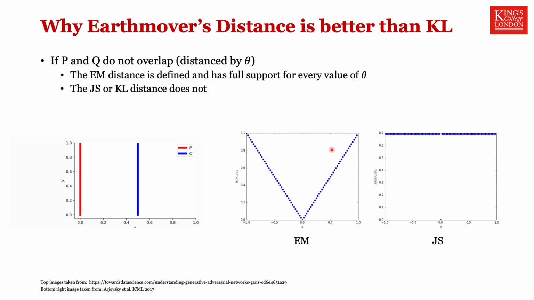However, the earth mover's distance, the amount of effort made to move one distribution to the other distribution, is actually a continuous function that is changing in space. So the closer they are, the lower the earth mover's distance is. And because this function has a gradient, it has a slope, we can actually optimize for it. While for the KL divergence, we cannot really optimize for it.